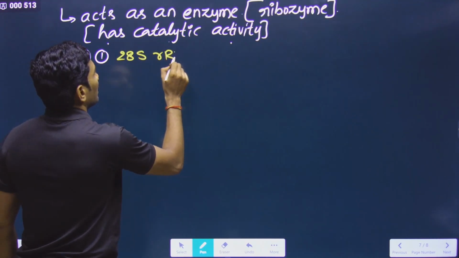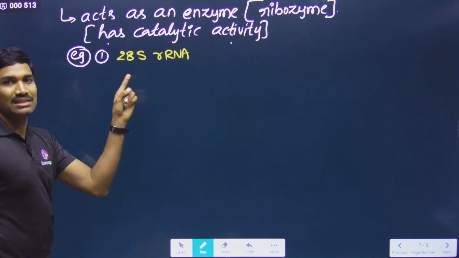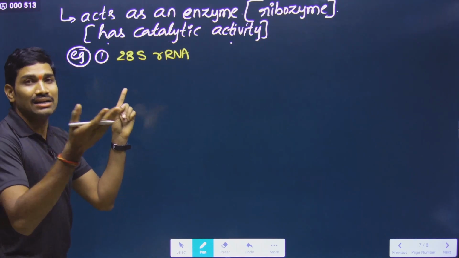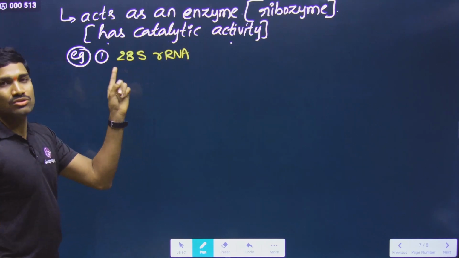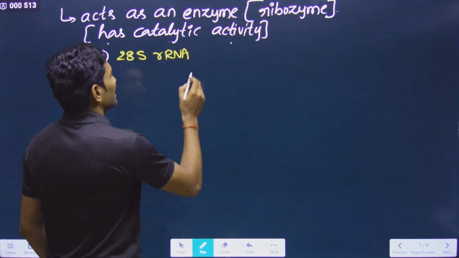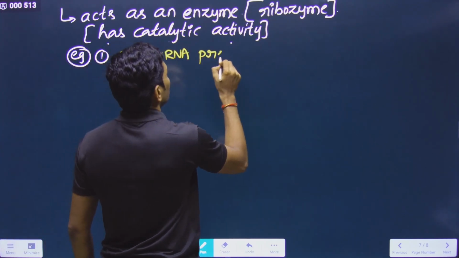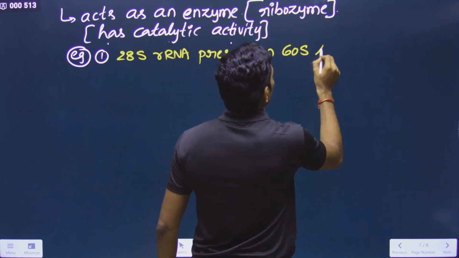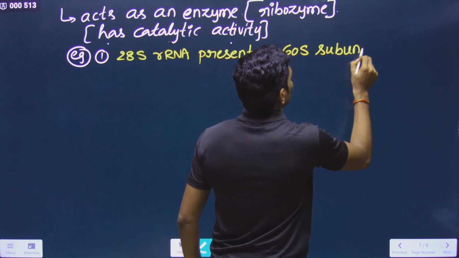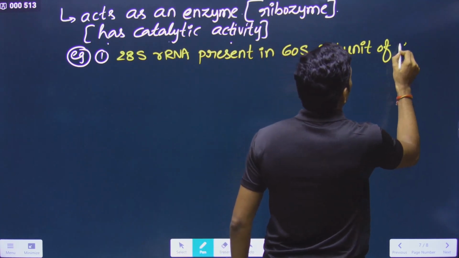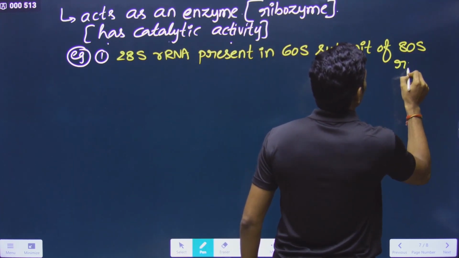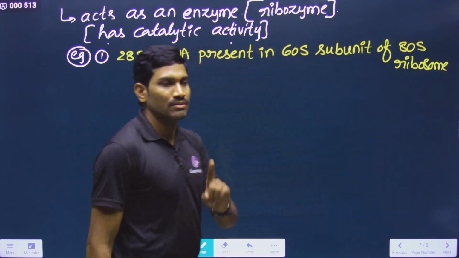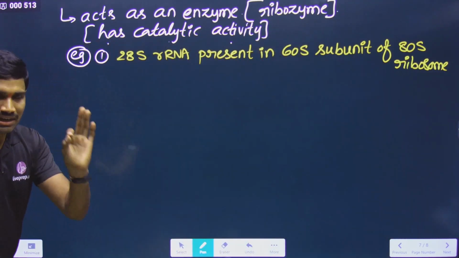Whenever you are writing 28S rRNA, the S should be capital. It is from the name of the scientist Svedberg. Already in the cell chapter we have studied this. So please remember this: 28S rRNA present in the 60S subunit of the 80S ribosome. This is one example. So 28S rRNA is having enzyme activity.